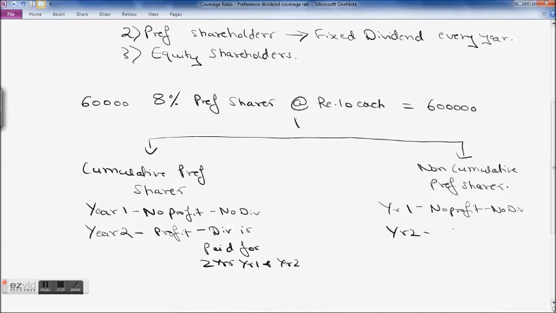Whereas in non-cumulative preference shares, the dividend is paid only for that particular year whenever there is a profit.